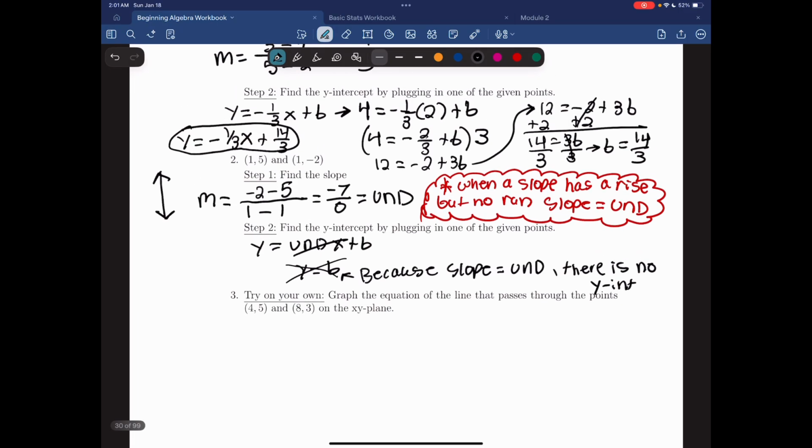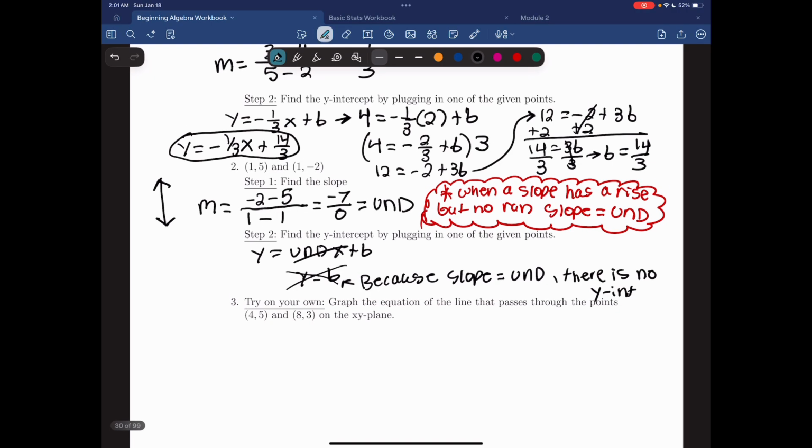Recall a vertical line means that we don't have any y-intercepts, but what we do have is an x-intercept. Oh, that looks like our y-axis. Let's say that this is our vertical line here.